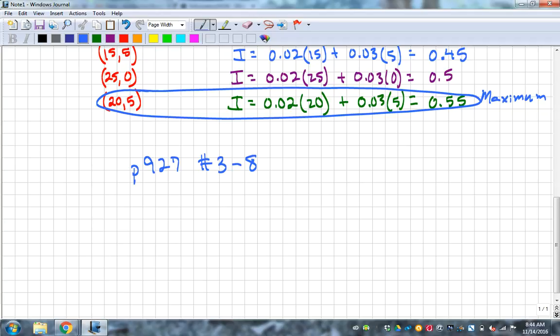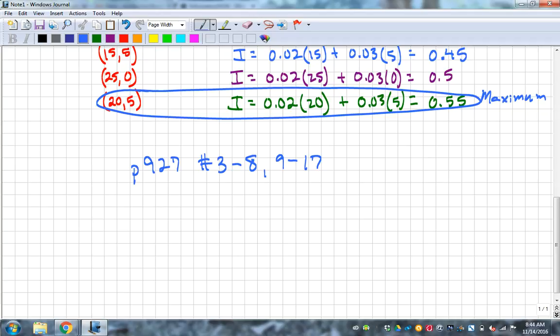Now, one more like what we just did would be 9 through 17, where they actually give you the objective function. They say z equals, and then they give you the constraints. It says subject to, and that means these are the constraints after that, and you would need to graph that. You can graph it with a calculator if you want to, or do it by hand.